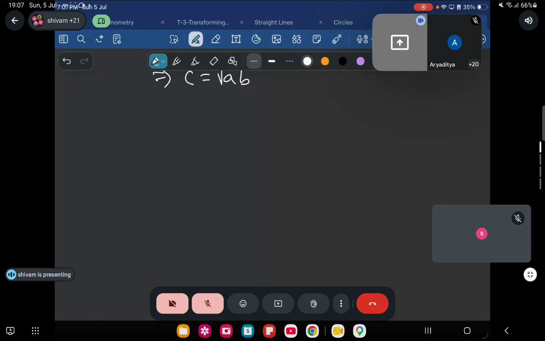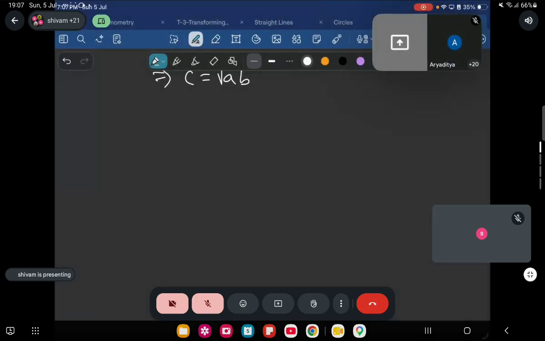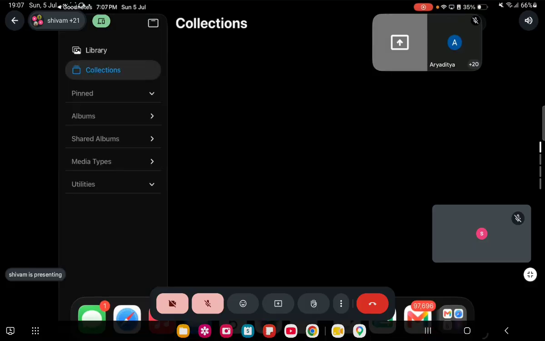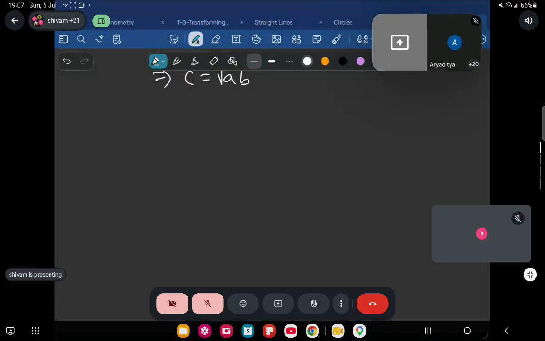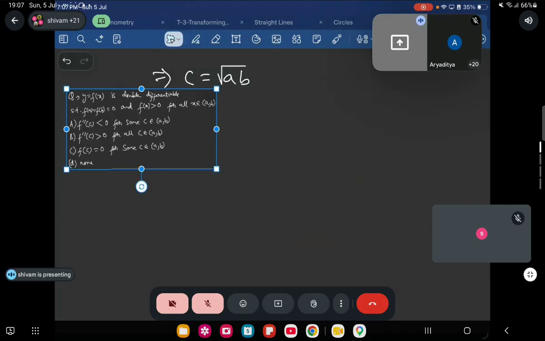You have to tell me which option is correct, and you will get only one chance. Solve, everyone. This is question number 3.